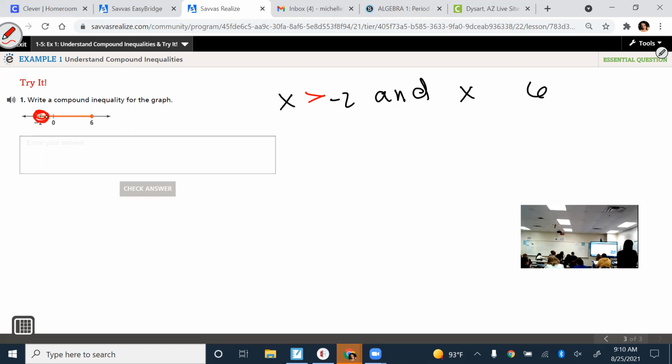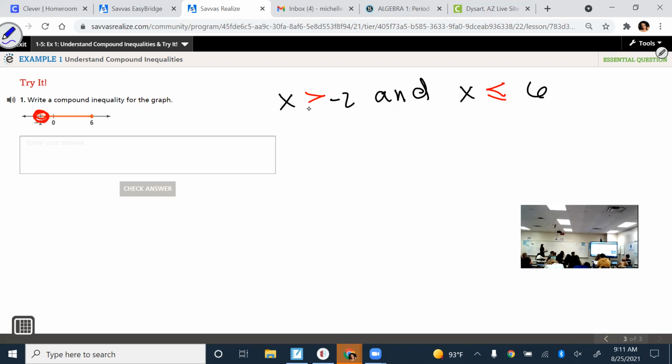All right. On the other side, so for the 6, that's a closed circle. What symbol did you put for right here? Less than or equal to is correct for that one. All right, so they can have different signs, they don't both have to be equal to. You can have one closed circle and one open. That's perfectly fine. Any questions?